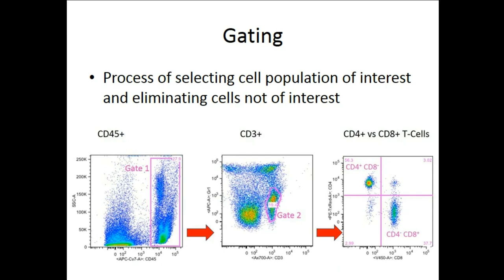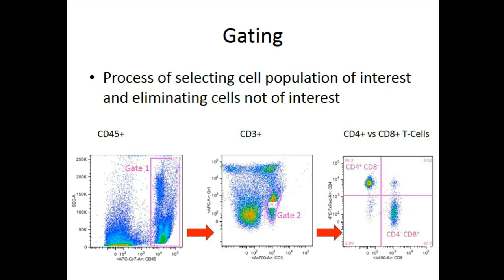Now, we're moving on to the concept of gating. And gating is the principle where you identify groups of cells step by step. Okay? So it's the process of selecting cell populations of interest and eliminating cells that you're not interested in.